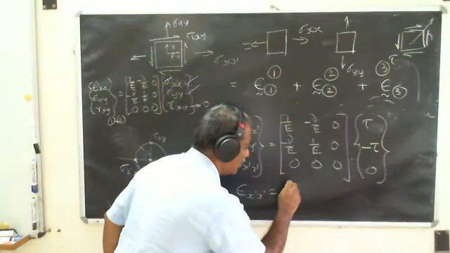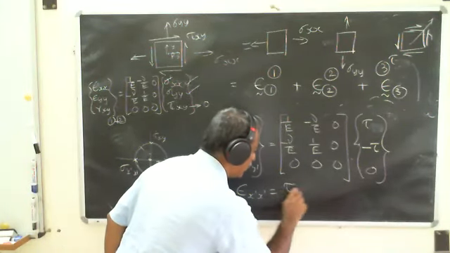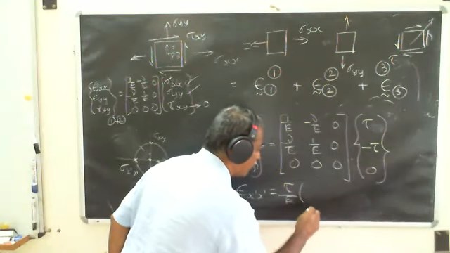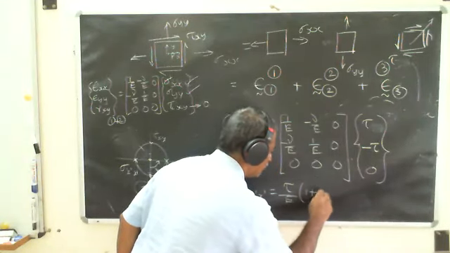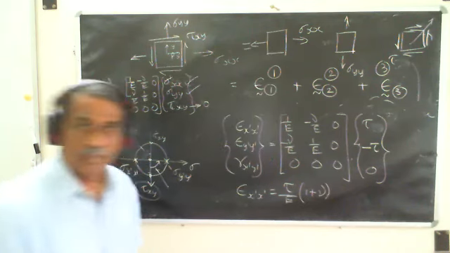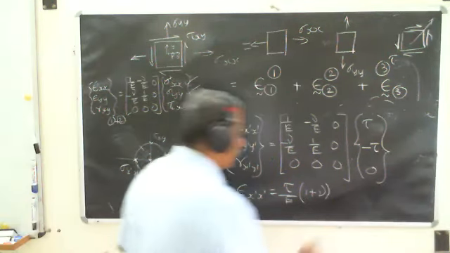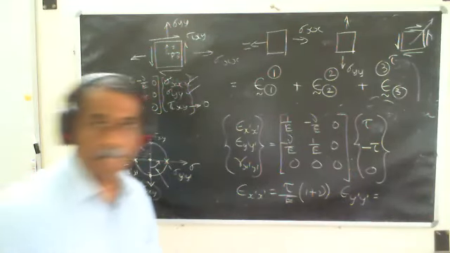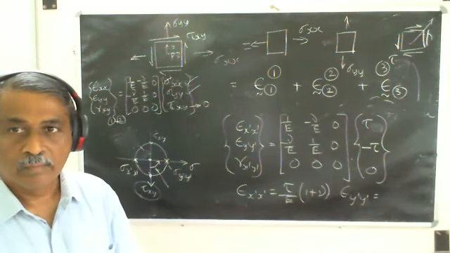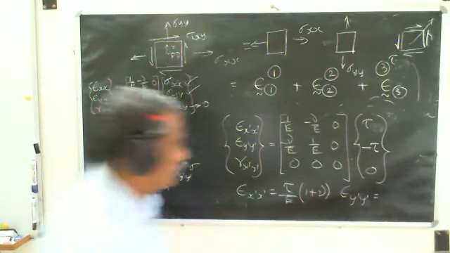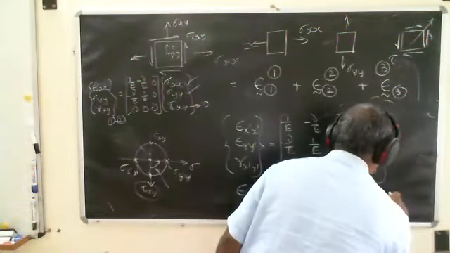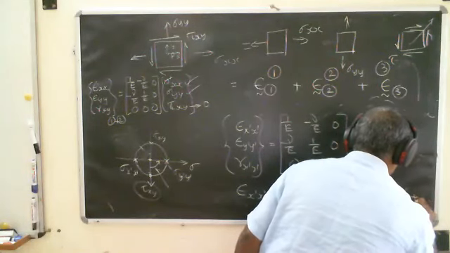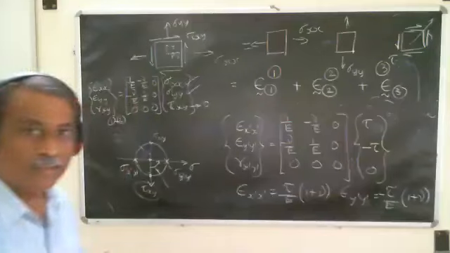Tau by E plus nu tau by E. And then I can now factor it: tau by E times 1 plus nu. Correct? And epsilon y prime is minus nu, minus of nu plus 1. Same thing, minus. Very good.